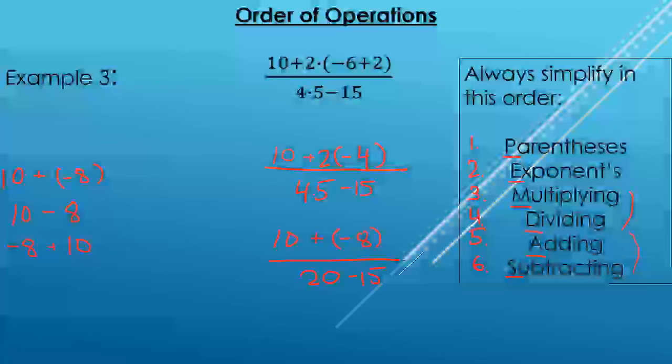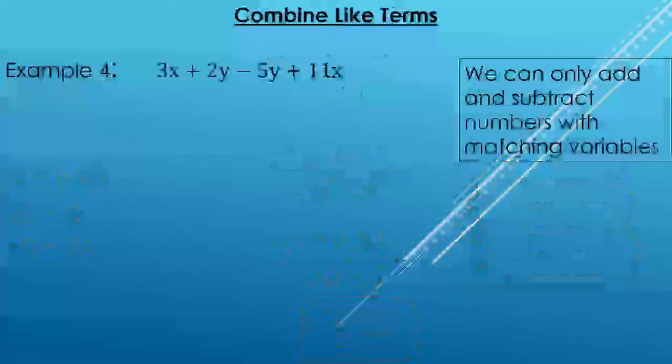And whoever's bigger, that's the one that will have leftover when they're done adding or subtracting. So 10's bigger than 8, right? So there'll be more positive than negative left over. So that's going to be a positive 2. 20 minus 15 is 5. So we get this fraction 2/5 as our answer, simplified from how it started above.